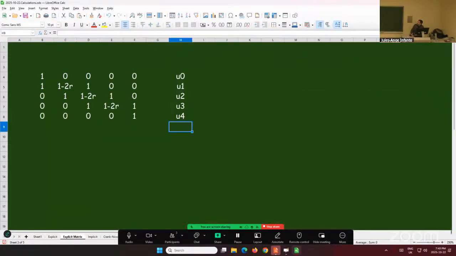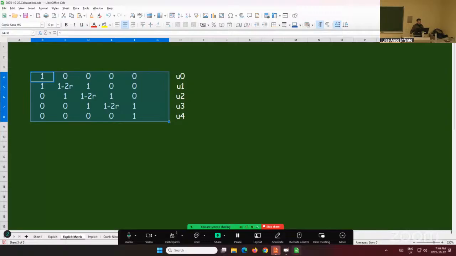So I have this matrix, and I can use it now to represent the past time. This is all on the right side of the equation.